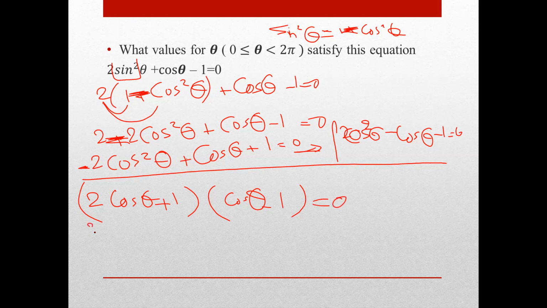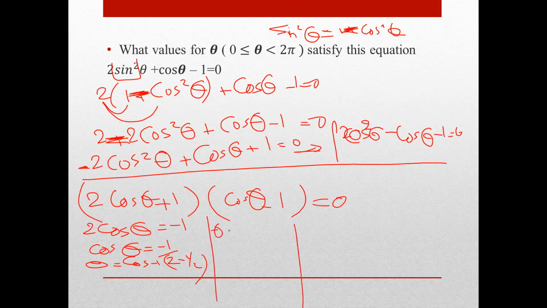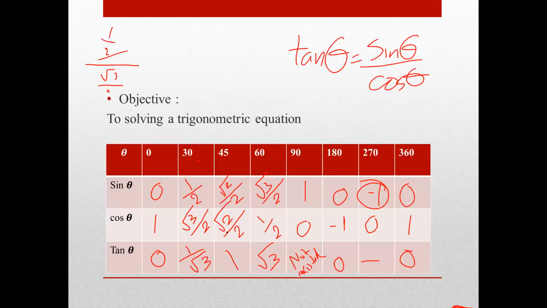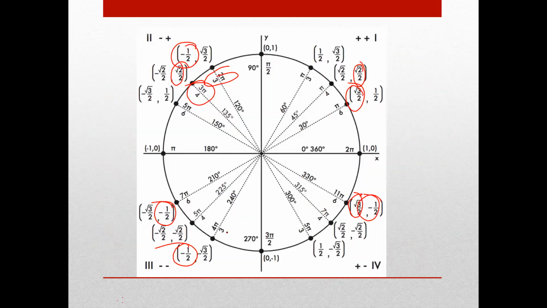So 2 cosine theta is negative 1, so cosine theta is negative 1 over 2. So theta is cosine inverse of negative 1 over 2. Where is the cosine equal to negative 1 over 2? Let's go to the unit circle.